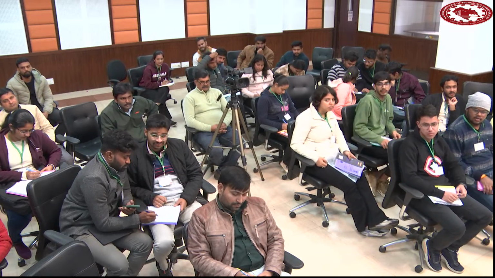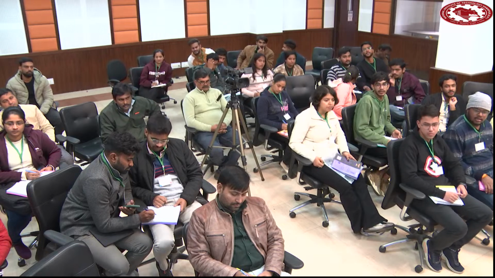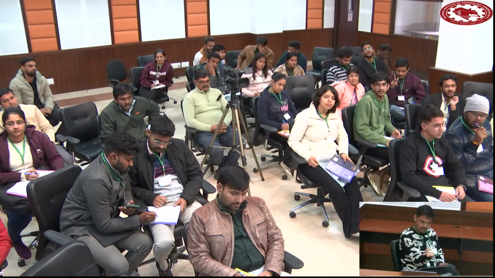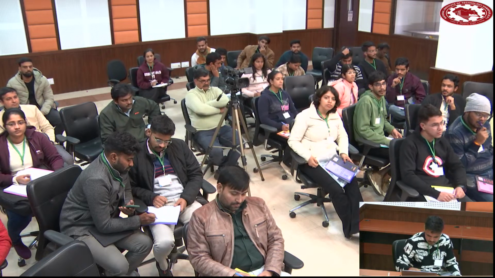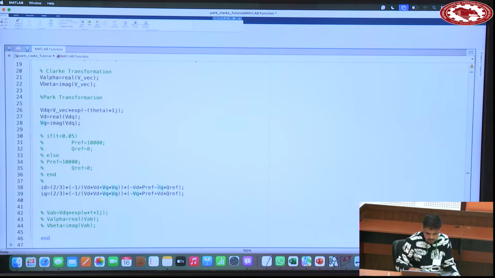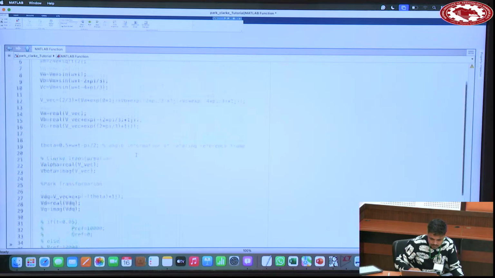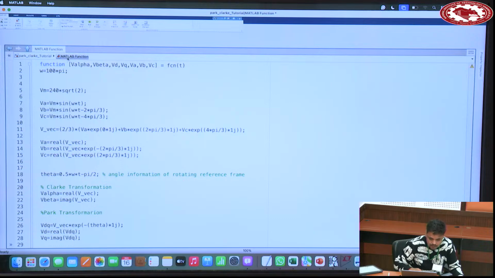The diagonal components are multiplied by minus 1, and the off-diagonal components are just exchanged, right? So there is a mistake. Here it should be minus, and this should be minus and plus. That is okay. I am taking ID IQ as the output variable.